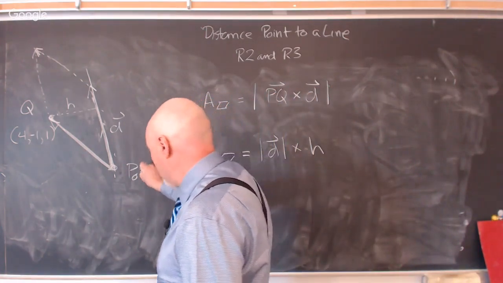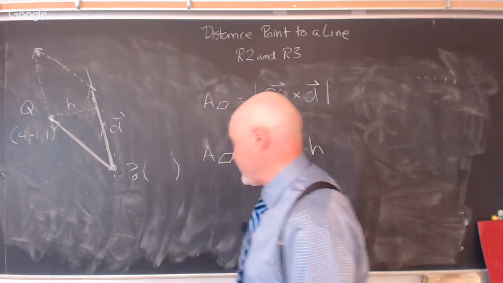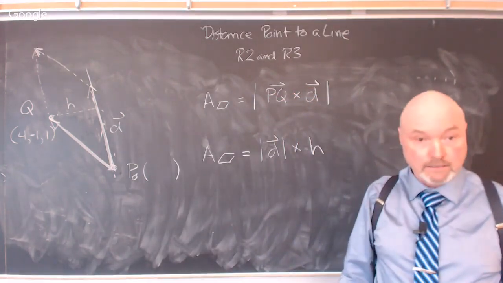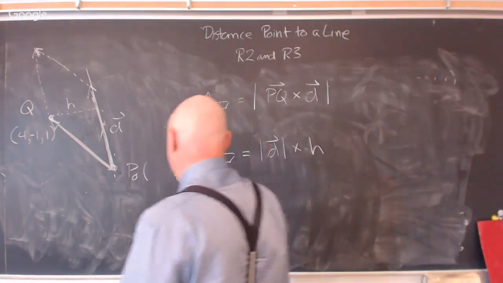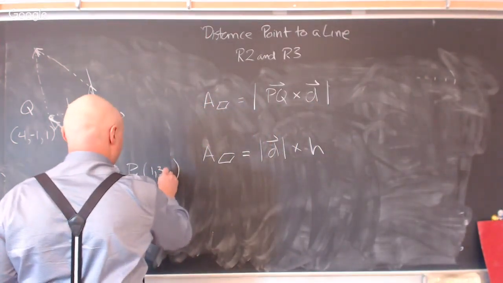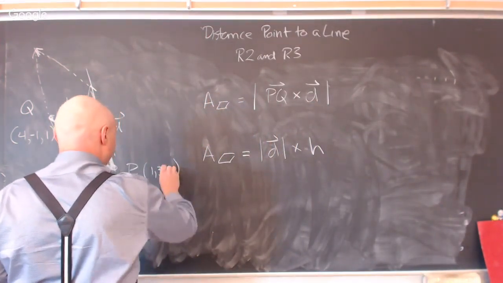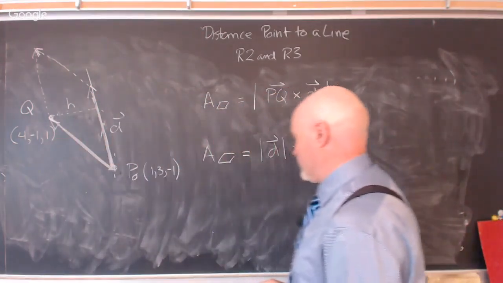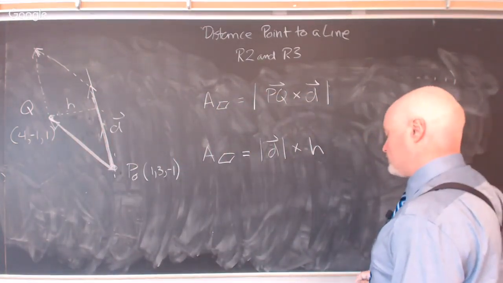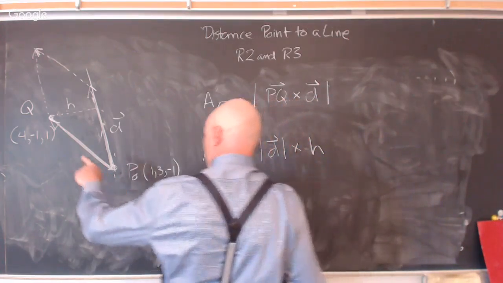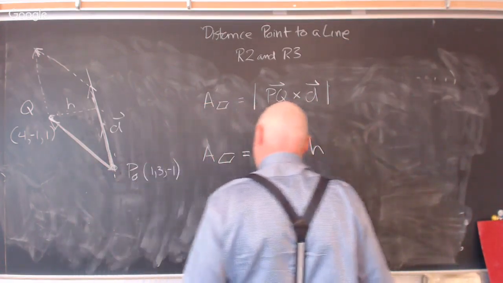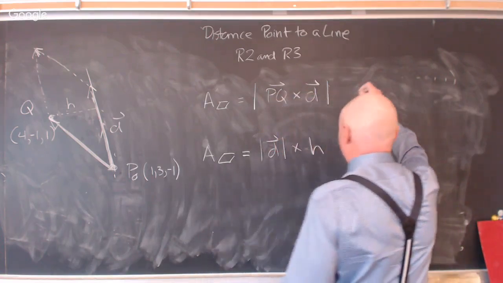I am going to choose the point on the line that is just basically the position vector. Okay, so you've got the position vector written down, and it was 1, 3, and -1. I am guaranteed that that point lies on the line. So PQ, or QP, doesn't matter which one we do.